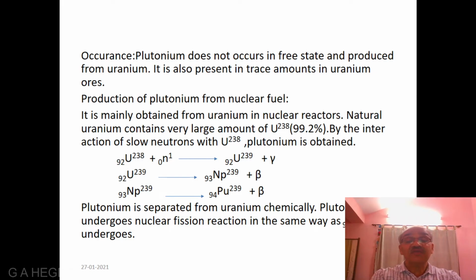Plutonium is separated from uranium chemically. Plutonium undergoes nuclear fission reaction in the same way as 92 uranium-235 undergoes.